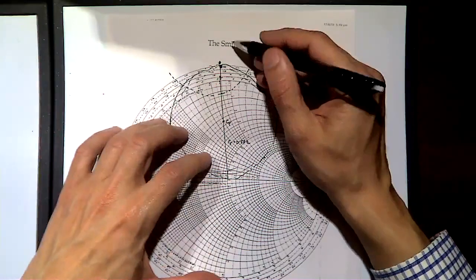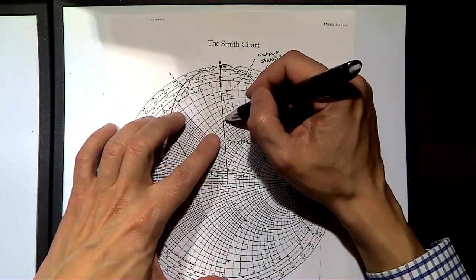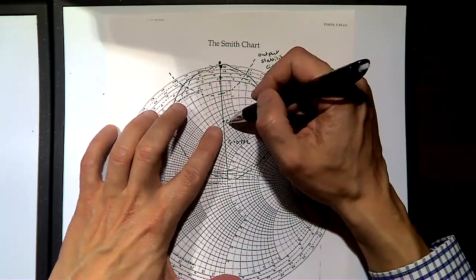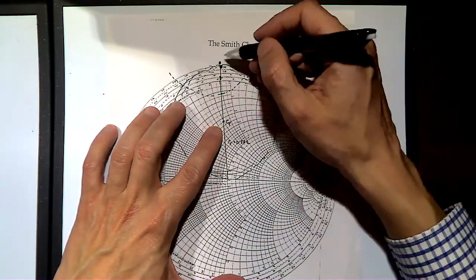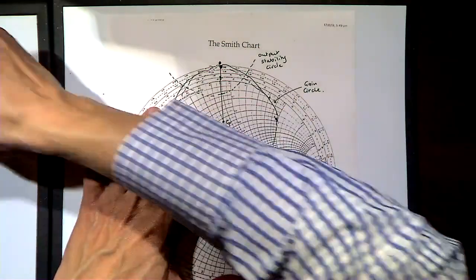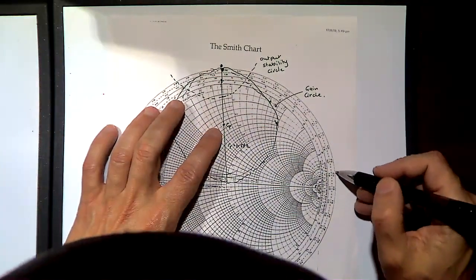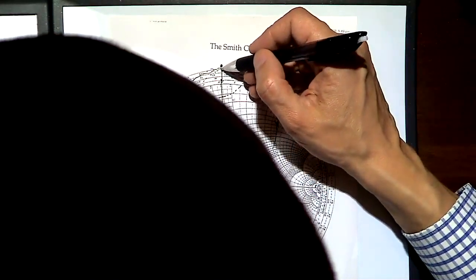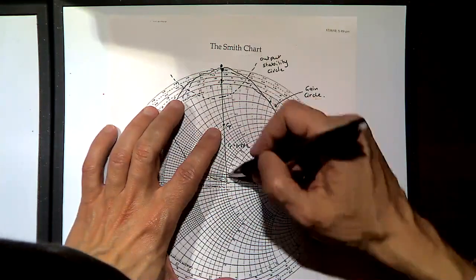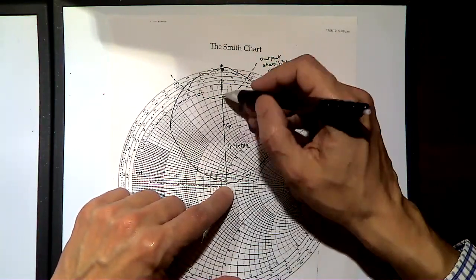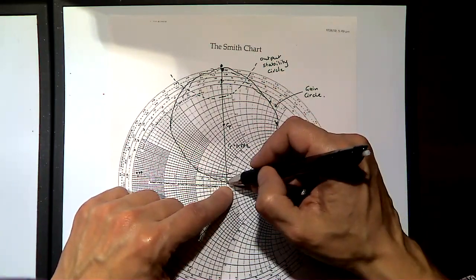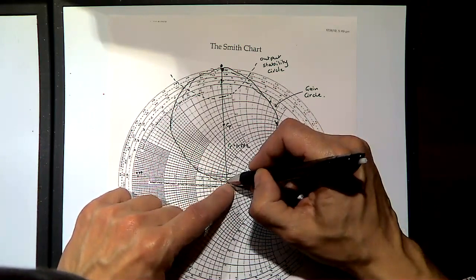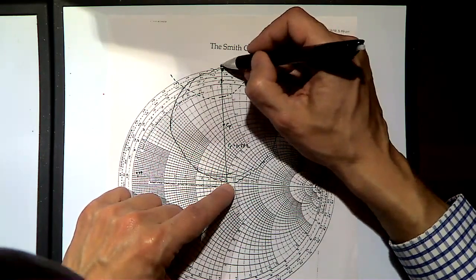So we draw the point CP. How do we draw it? First we work out the angle, which is 97.2. For the reflection coefficient, we find the angle 97.2 and draw a line there, which tells us that the center CP lies on the line joining the center to this point.